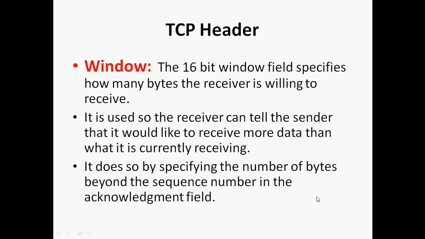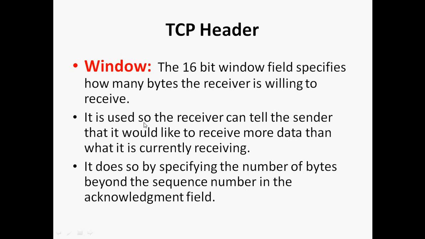So the next one, window. This is a 16-bit window field, which specifies how many bytes the receiver is willing to receive. The receiver tells the sender how many bytes it is capable of receiving, and for that reason we are using window.